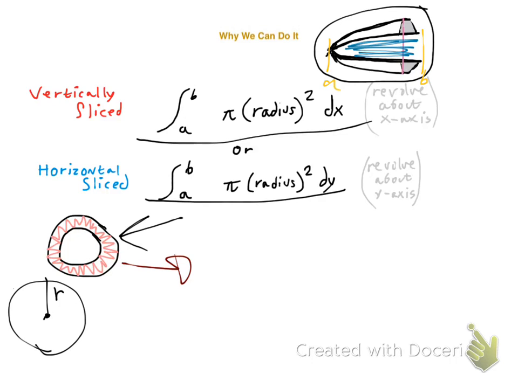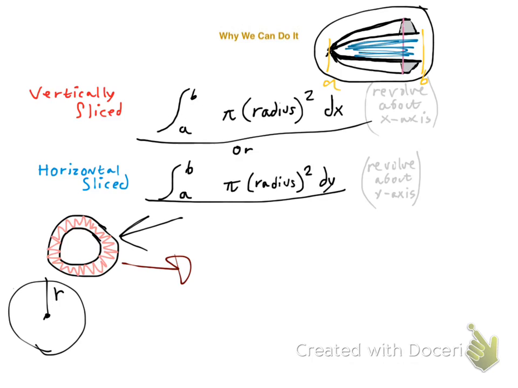So what you're going to do is take your big radius minus the inner radius. So you have that radius, and then let me copy my donut.